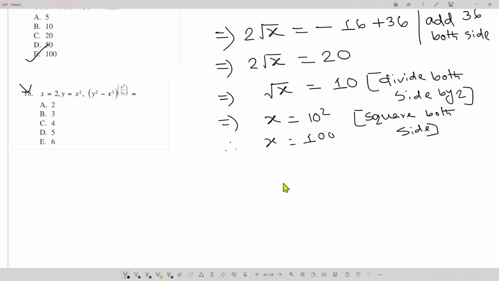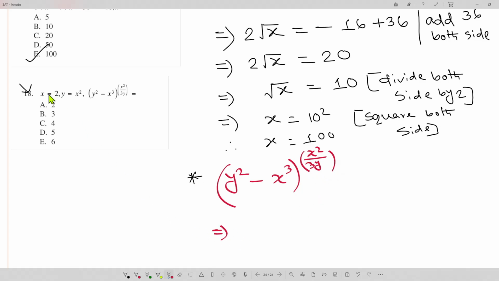Second question of this video. Here x equals 2, y equals x square, and we have to find the value of this expression, which is y square minus x cube, to the power x square divided by 3y.